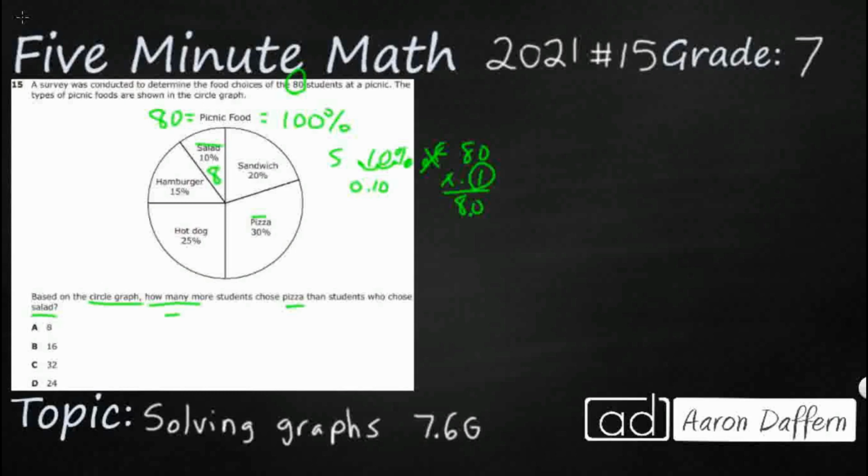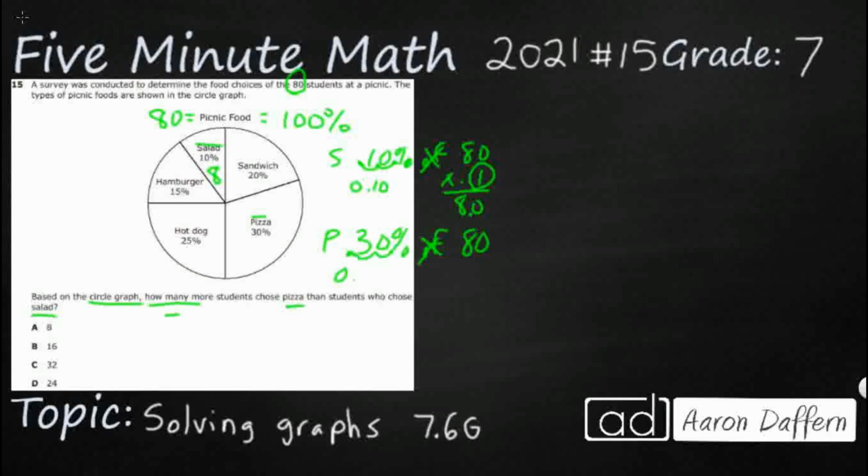Would have been a lot easier if they would have just told us 8, but they're going to make us do a little bit of work. Let's figure out this pizza here. This is 30%. We'll do this same deal here of 80. So that's going to be multiply. Let's turn this 30% into a decimal. 1, 2.